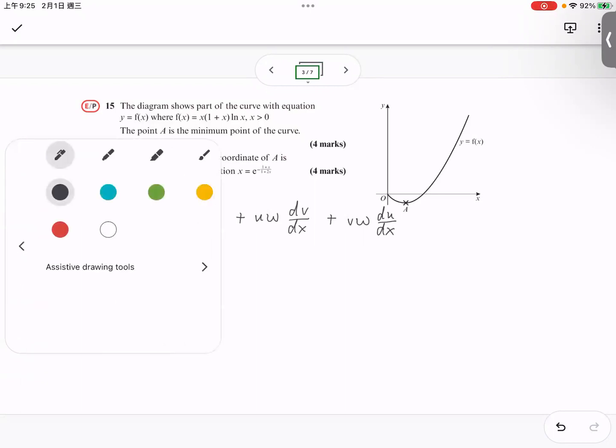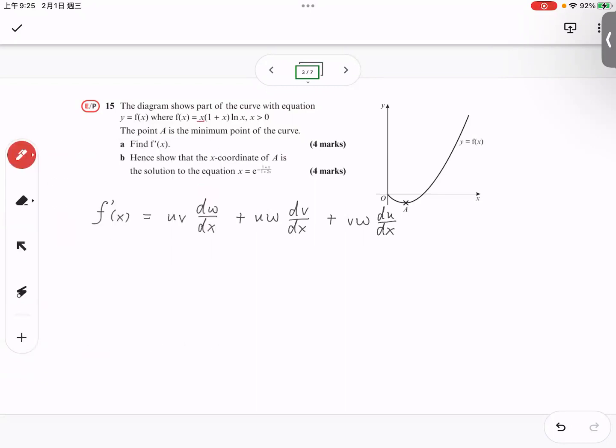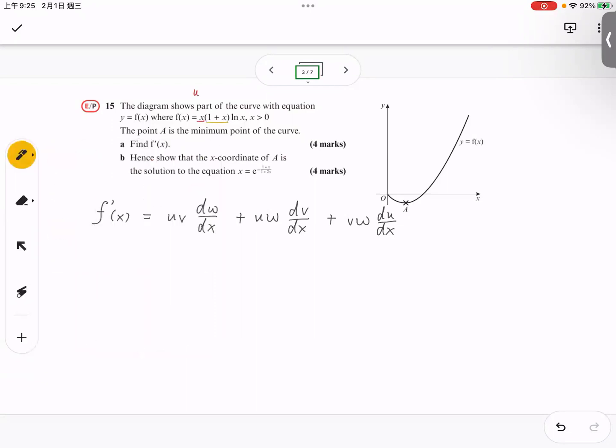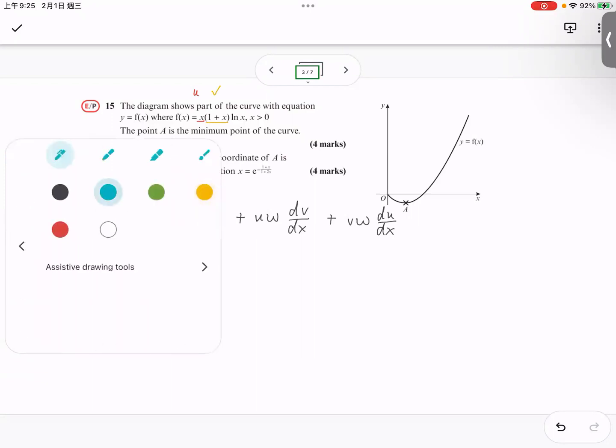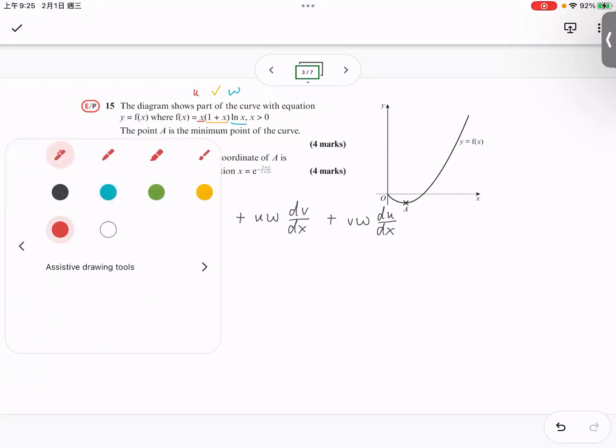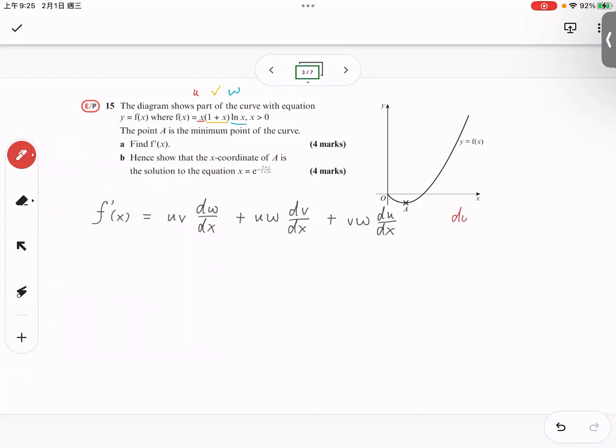Okay, we'll mark these 3 together. For x, this is u. For 1 plus x, this is v. For the last one, I will say ln x, that is w. So we will see that for du/dx, this is 1.